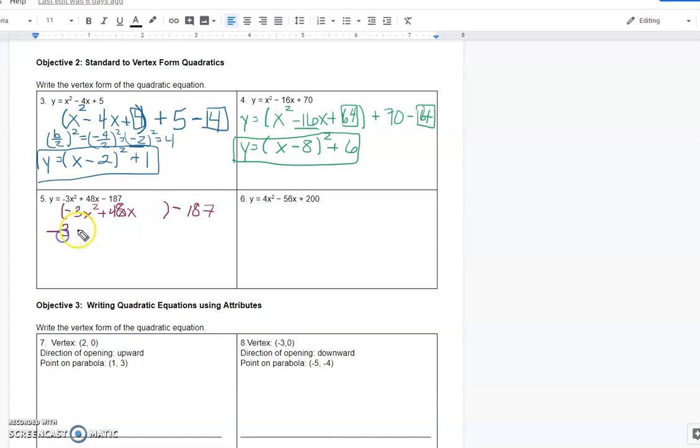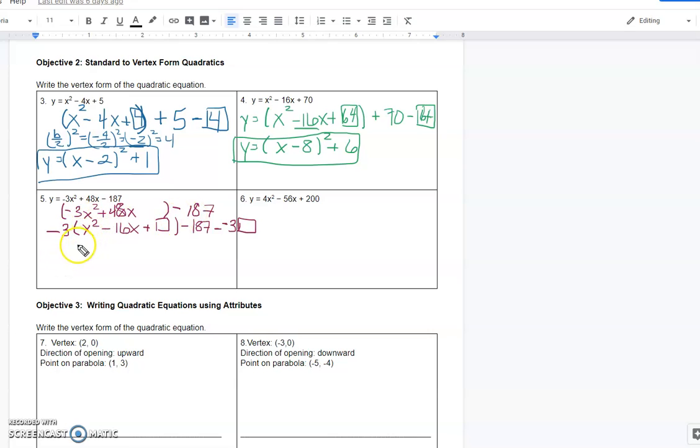So negative 3 comes on the outside, divide it out, and I get x squared minus 16x on the inside. Then I can put my square, minus 187, minus, now, since I have a number on the outside, I need to account for that. So it's going to be negative 3, and then my box, my square.